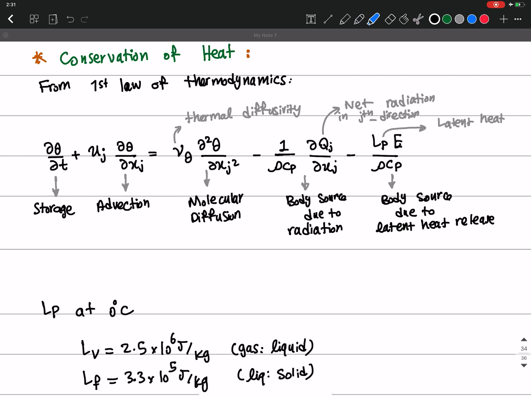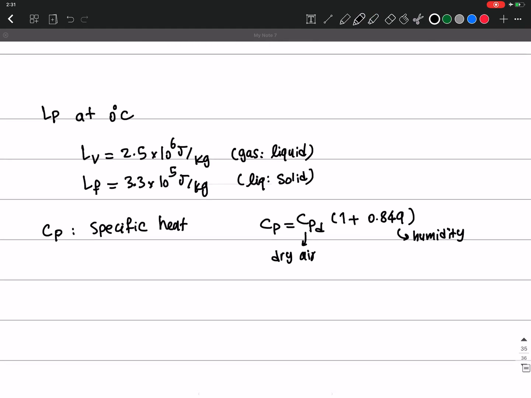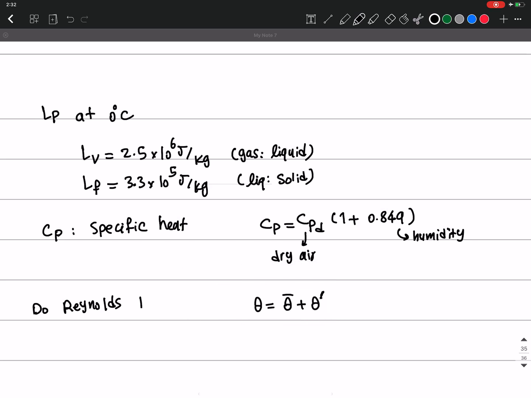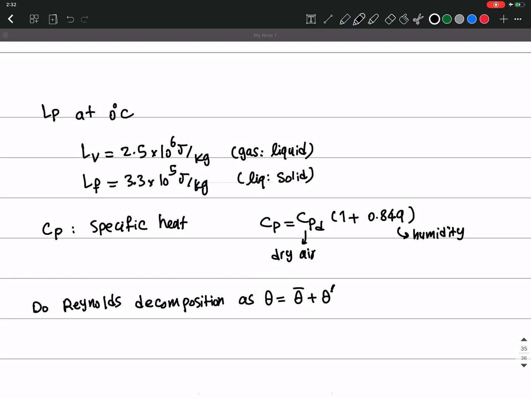Okay. So next, what I'm going to do is do the same trick that we did for the momentum equation and do the Reynolds decomposition here by writing theta equals theta bar plus theta prime.